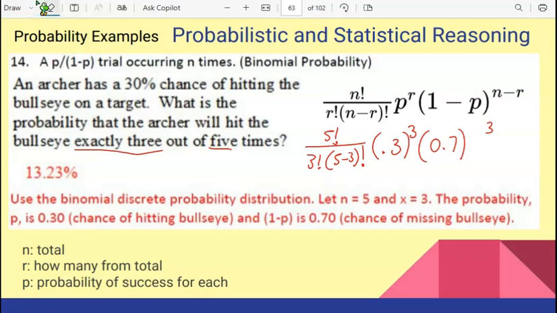Okay, 5 minus 3 is just 2, so we can rewrite these. And then 5 factorial is the same thing as 5 times 4 times 3 factorial. 2 factorial is the same thing as 2 times 1.